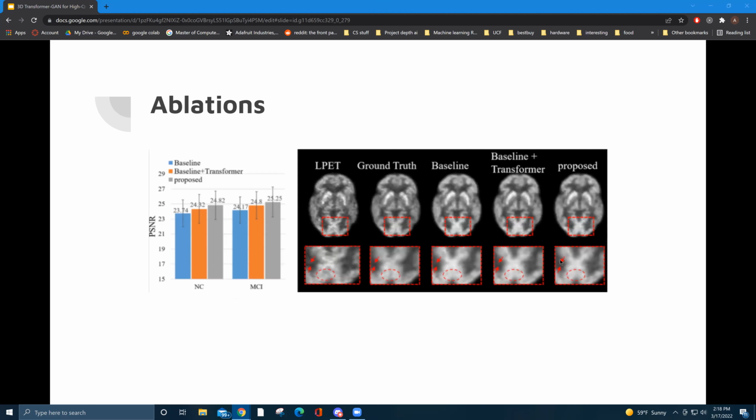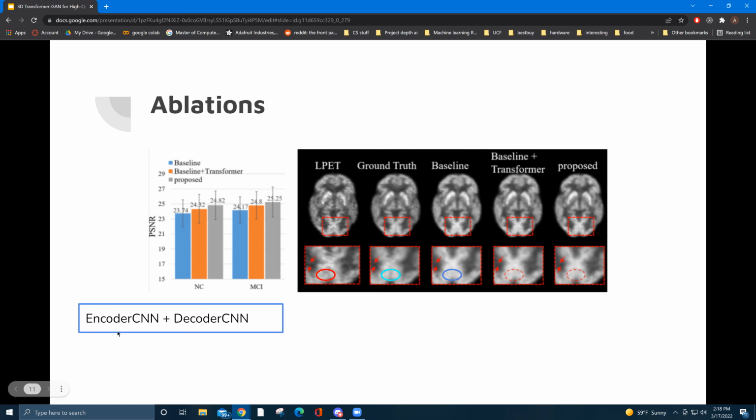For the evaluations, this shows in blue their baseline. So this is just an encoder CNN and decoder CNN, so no transformer, none of their proposed method, no discriminator.